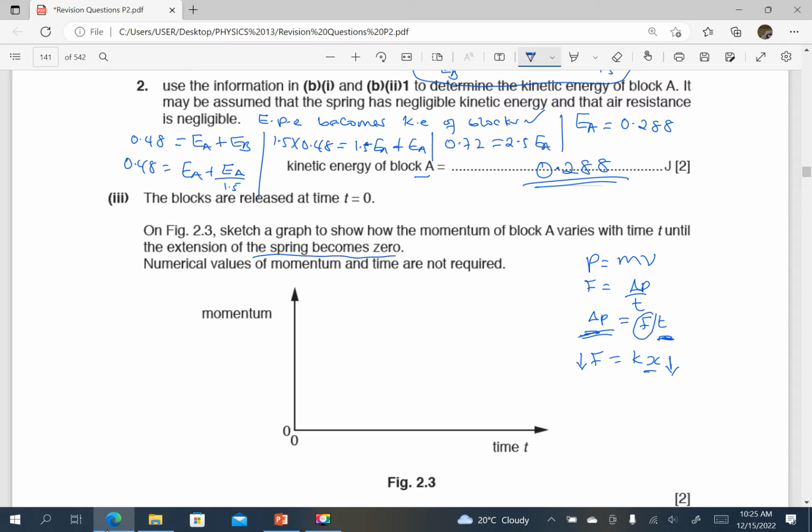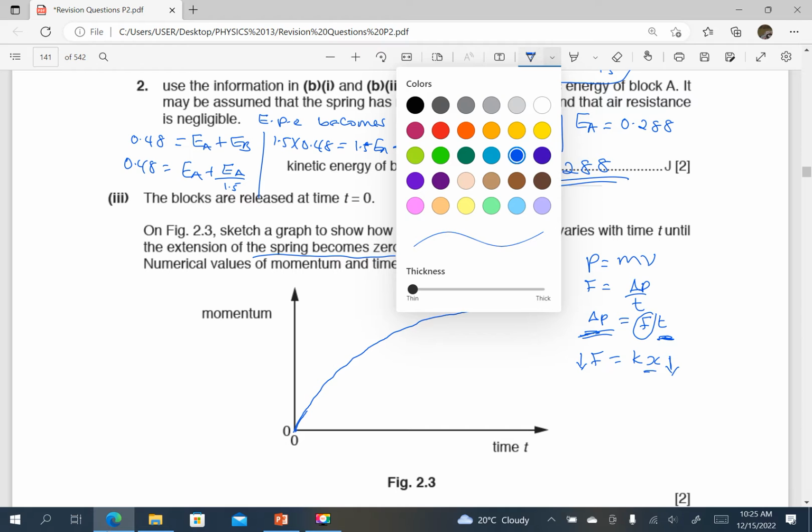Therefore, the graph will start as a curve whose gradient must be decreasing. It should be starting from 0. And the line must end as a horizontal line. So it's supposed to be a smooth curve, but I try to increase the thickness.